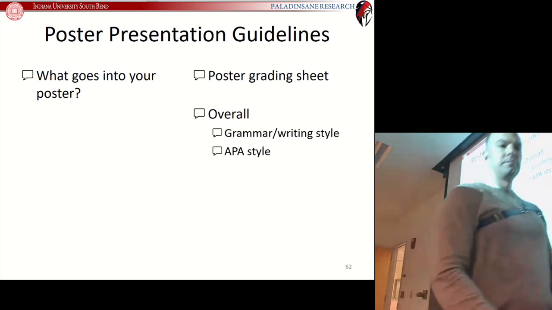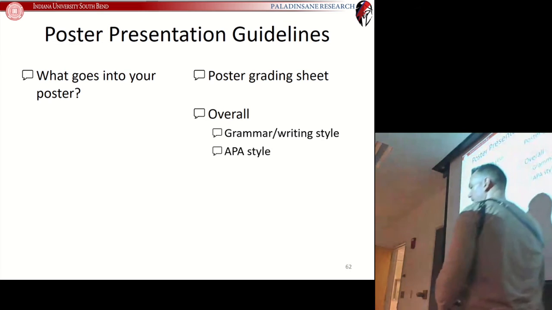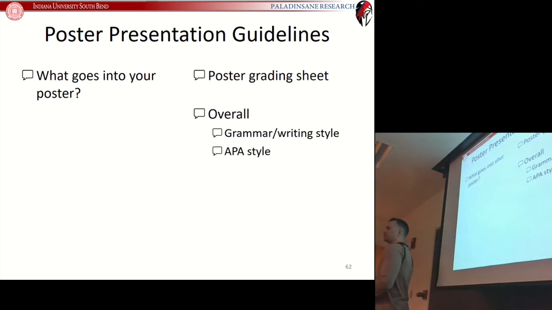Each section of the fonts need to match? I would match the font style, but you can make the font size a little bit different. So feel free to do that. I wouldn't change it too much, but I have seen the one that usually gets reduced is the method section. Because sometimes, even when you're just giving the general overview of the method section, it's still kind of long, especially on posters where it's like, oh, we had 4 different conditions.